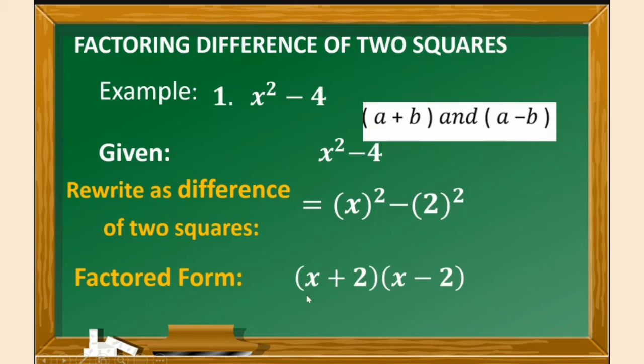So, our factored form, bring down the x and 2. X plus 2, yan yung first quantity natin. And second quantity, x minus 2. Napakasimple, di ba? As long as alam natin yung mga perfect square, hindi po tayo mahihirapan mag-factor.